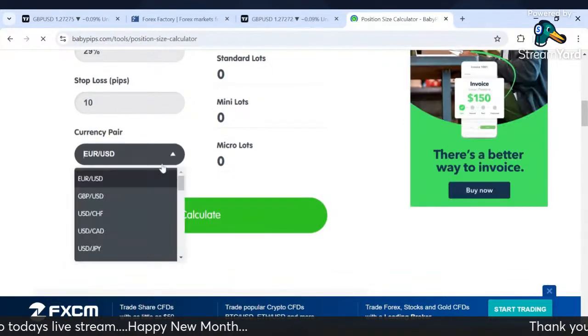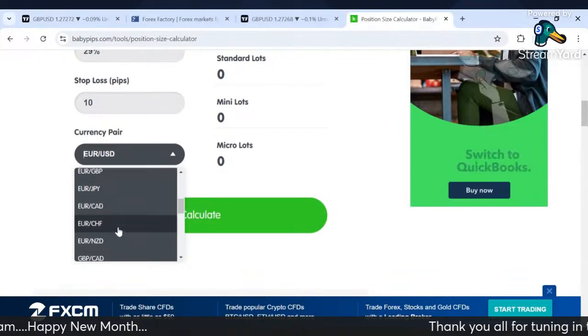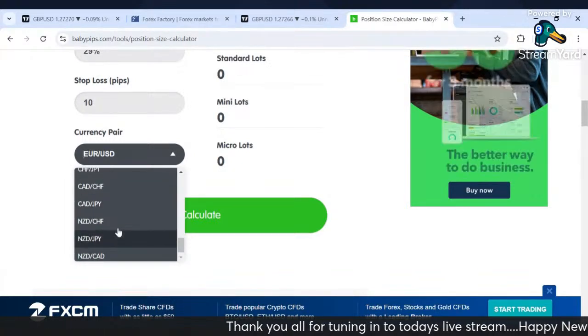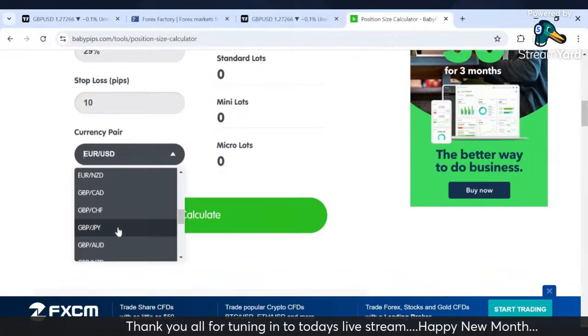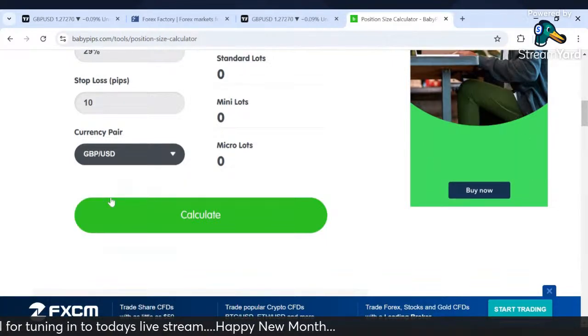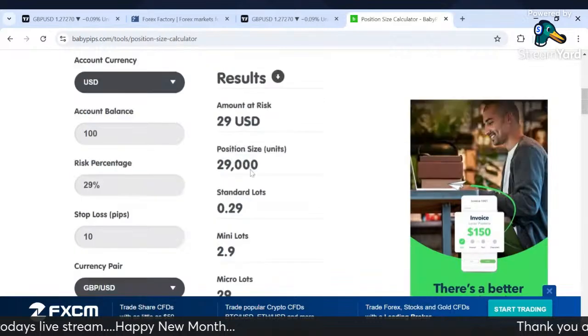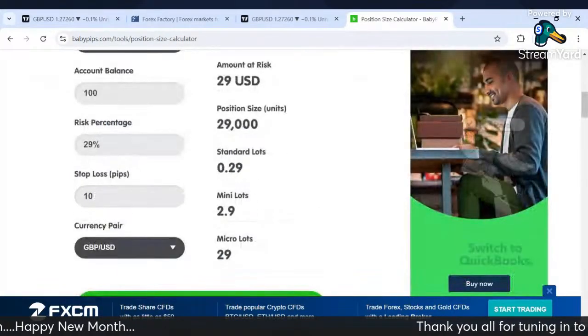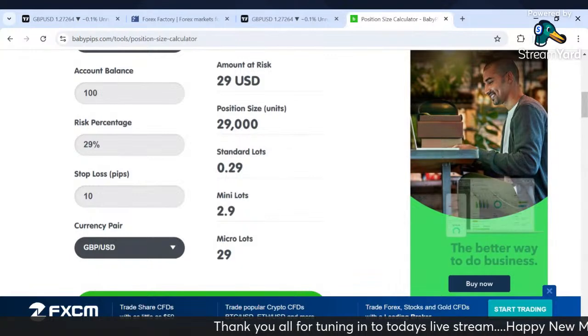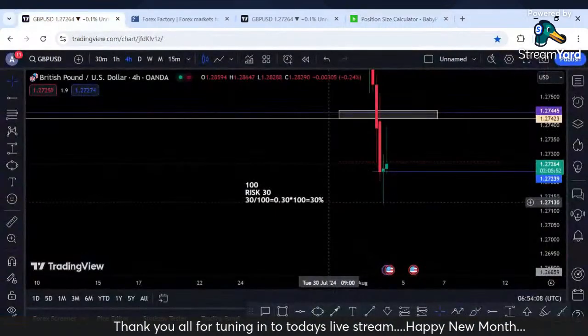The instrument you are trading, you scroll. GBP/USD is not in. Okay, so you select. You see it will come over here. So you select this one, the standard lot. So it's going to be 0.2. So let's see whether they are correct.